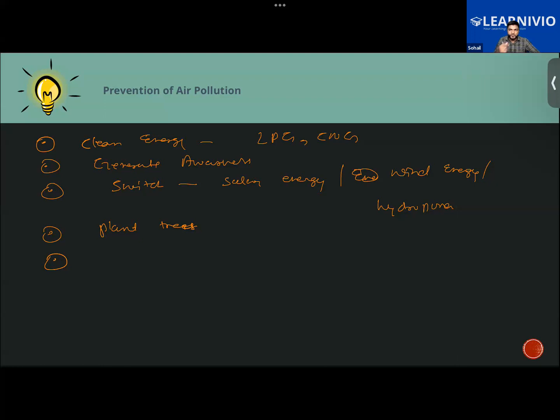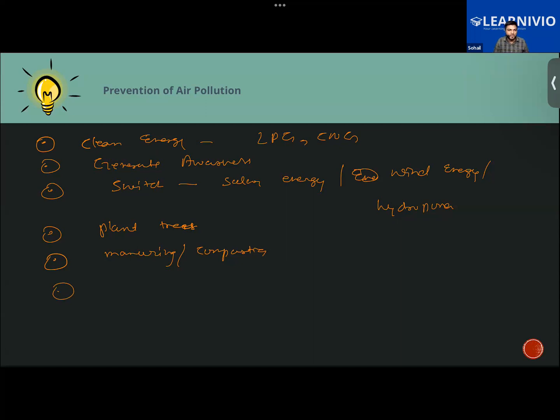Instead of burning dry leaves or other organic matter, they should be dumped into compost. They should be converted into compost. Manuring or composting should be promoted. That is one thing we can do.